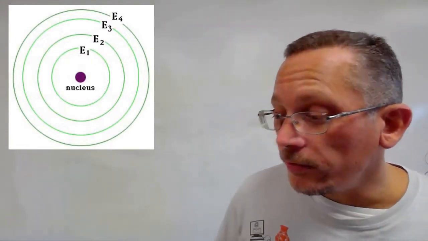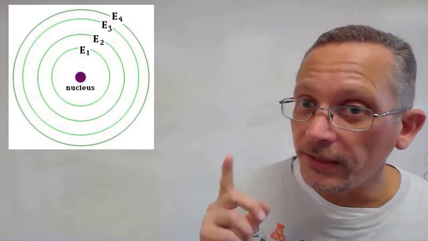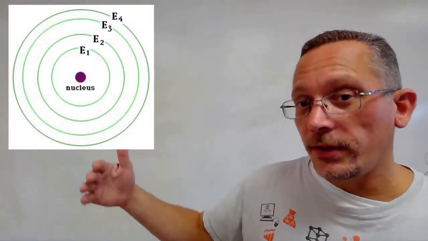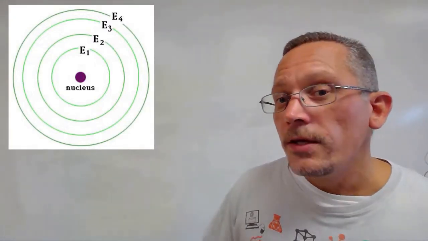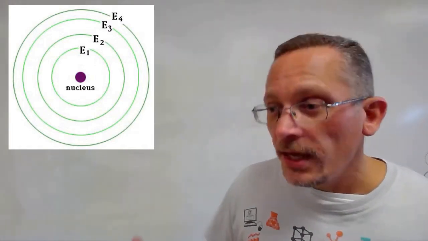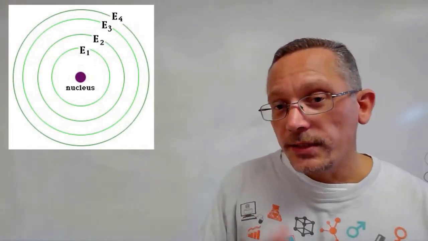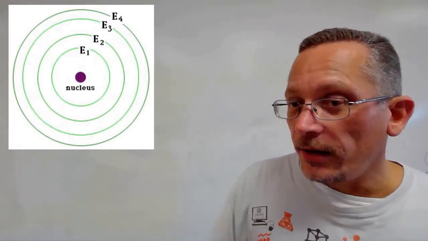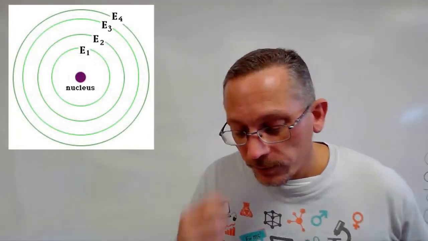Those energy levels are where we're going to find our electrons. And you can see they're numbered. The first one is number 1, and then number 2, and then 3 and 4, and so forth. So that's energy level 1, energy level 2, energy level 3, energy level 4. So we can tell where we're going to find the electrons in an atom by looking at these energy levels.